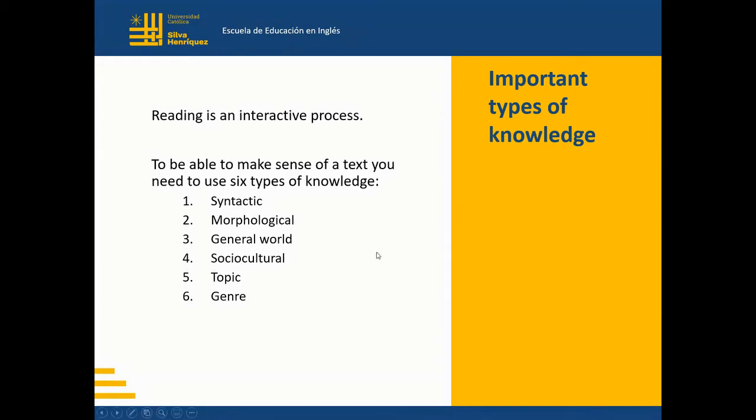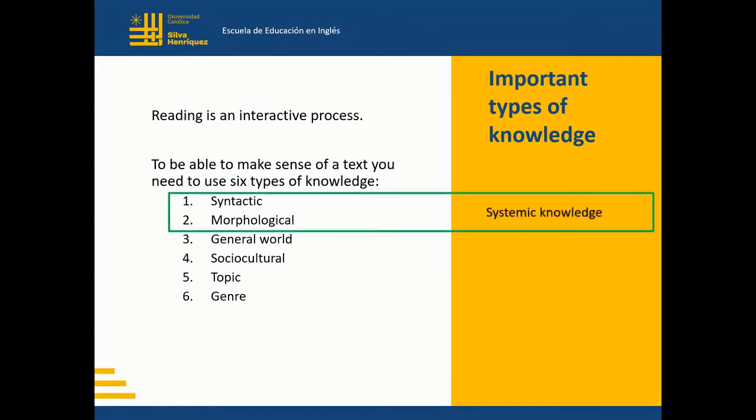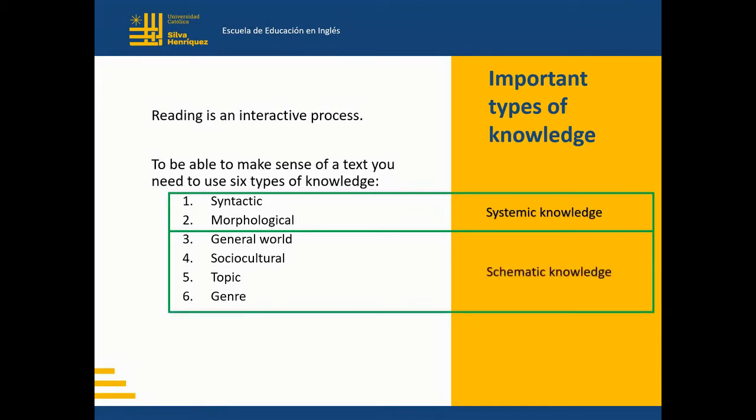These are the 6 types of knowledge our brain deals with when reading. The first 2 are related to the system of a language, syntactic and morphological knowledge. The other 4 types of knowledge are those in charge of providing further context that enable readers to work out the meaning of a piece of text. This is known as schematic knowledge.